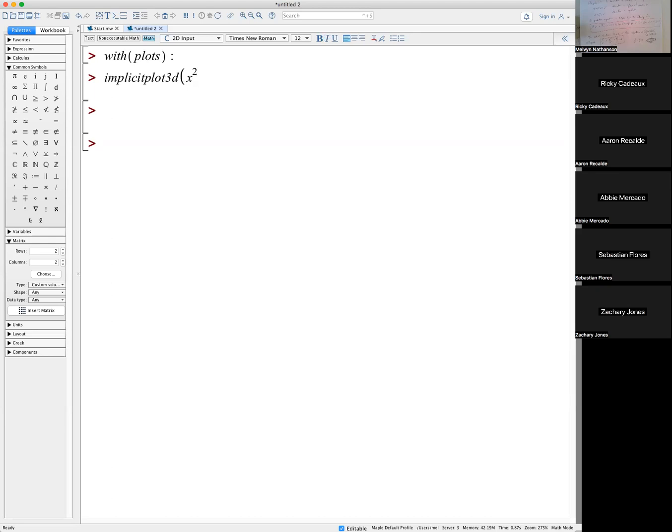x squared divided by 3 squared, plus y squared over 4 squared, plus z squared over 5 squared equals 1.